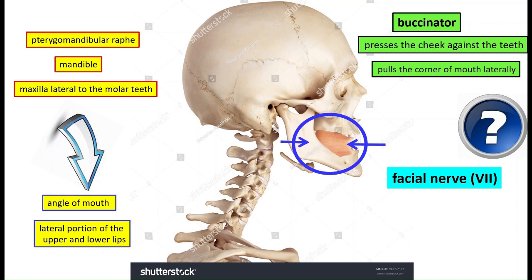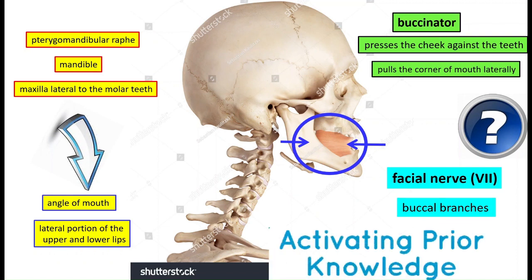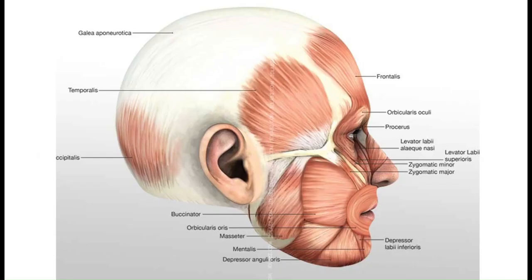And it is very helpful in the process of mastication, and you need to activate your prior knowledge of the mandibular nerve of the trigeminal and the facial nerve. Here is another view of the head, putting the buccinator in context.